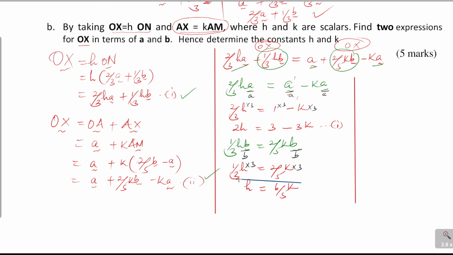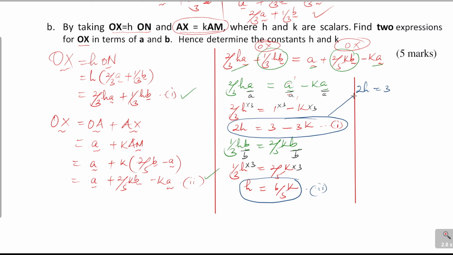So just look at these, let me do it properly. We have that as the second equation, and then we have that one as the first equation. So we solve them simultaneously. From the first equation, you have 2h is equals to 3 minus 3k.